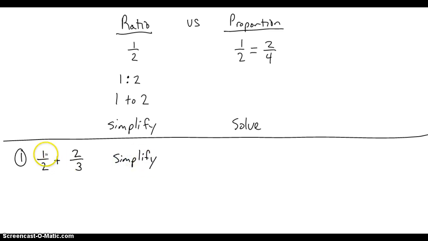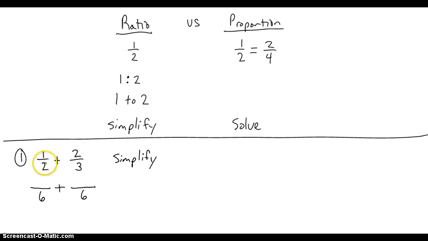So we need to simplify 1/2 plus 2/3. To simplify 1/2 plus 2/3, we need to have a common denominator. In order to add fractions, we need a common denominator. In this case, our denominators are 2 and 3, so our common denominator will be 6.